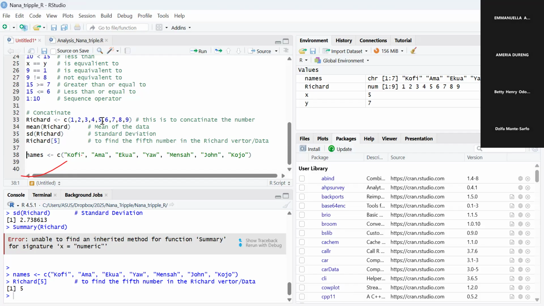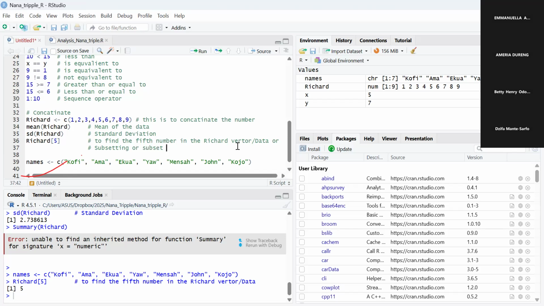Especially if you work with data set that is so voluminous and you don't have the time. In some books, we call it subsetting, or subset, whatever you want to call it.